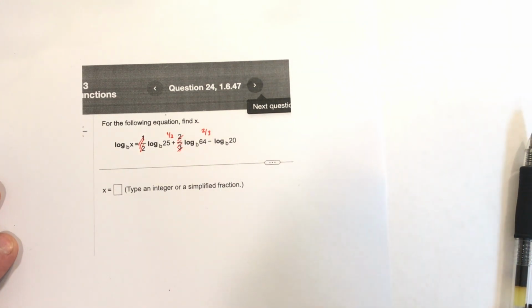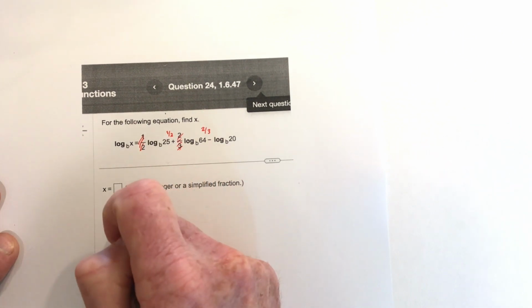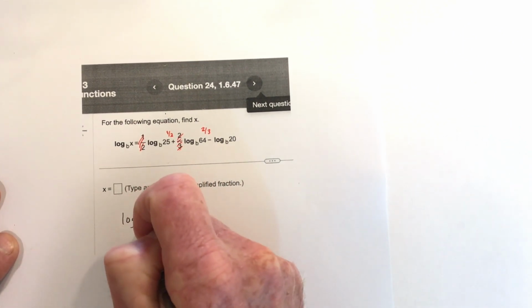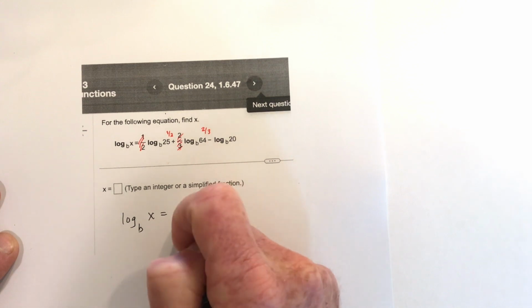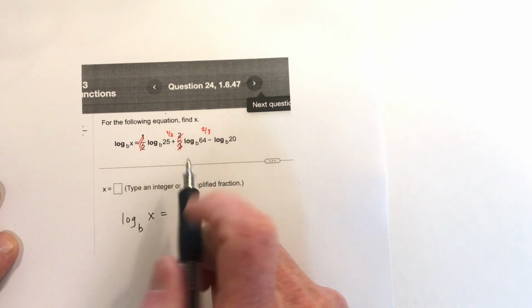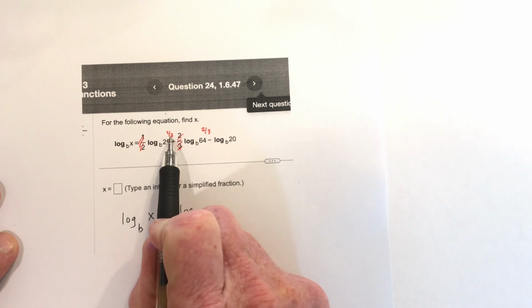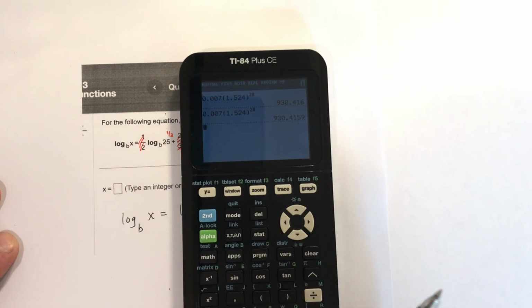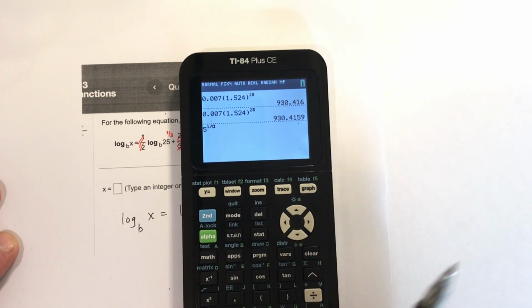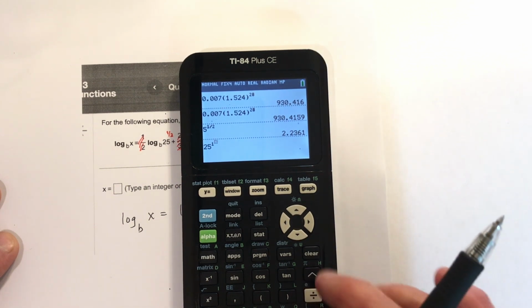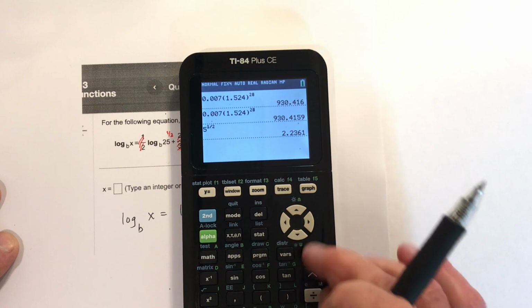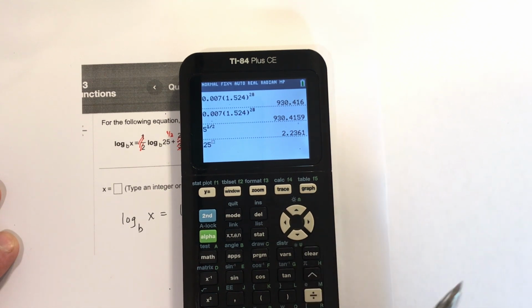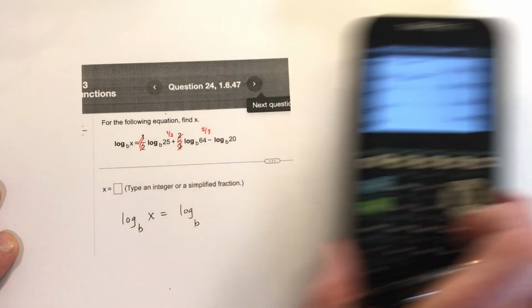And then what I can do is the left side is going to say log base b of x equals, and then I have log base b, and then this is saying take the square root of 25, or in other words, 25 raised to the 1/2 means the square root, so that's a 5.